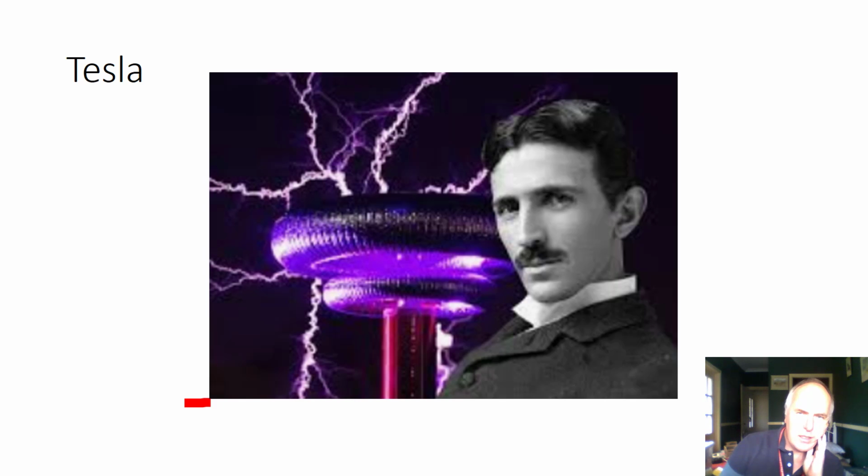Nikola Tesla is our third option, and he wasn't an advocate for DC electricity. He had a strong understanding of how you could manipulate AC electricity to increase the voltage and reduce the loss in power lines.